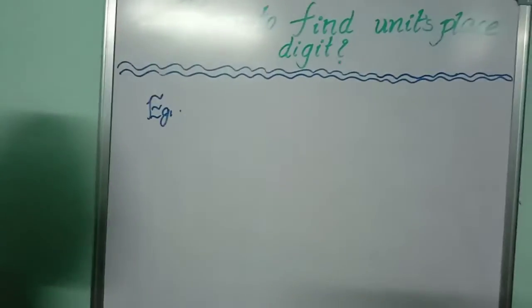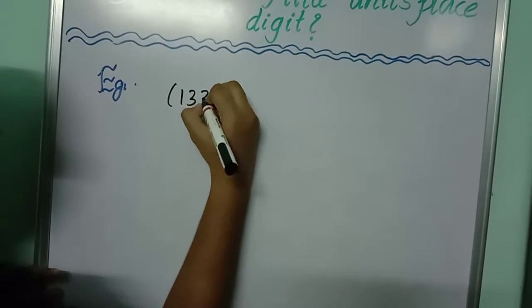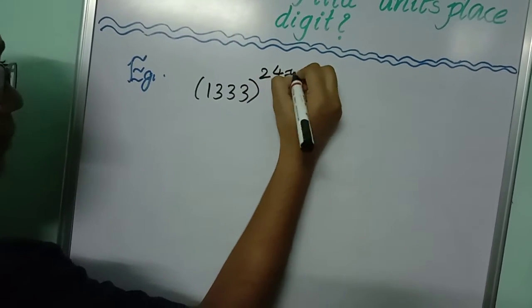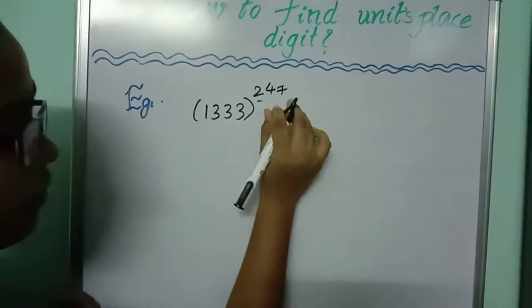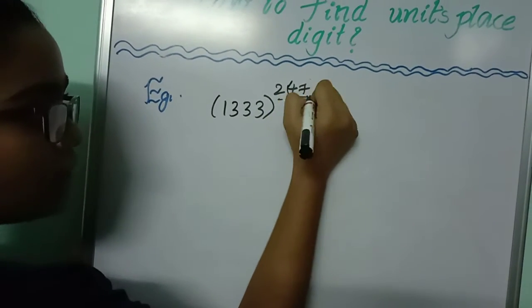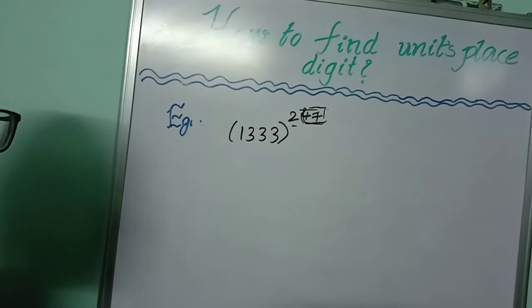Now let us discuss 2 examples in type 3. 1333 whole power 247. We have to divide the power by 4. As I said, we take the last 2 digits; if they are divisible by 4, then the whole number is divisible by 4.